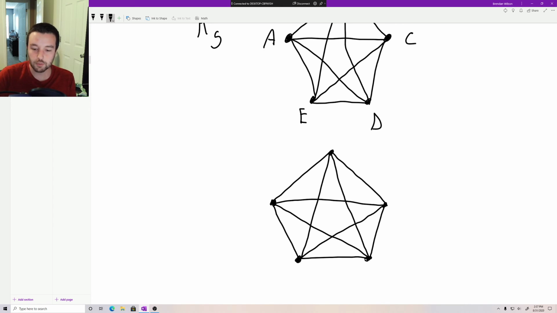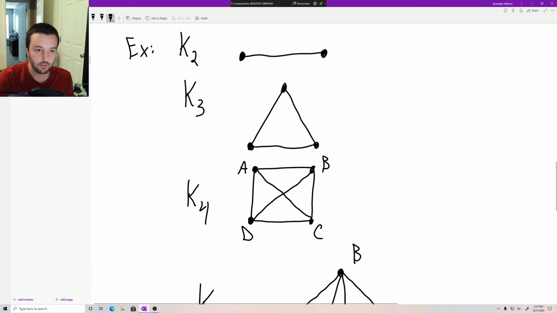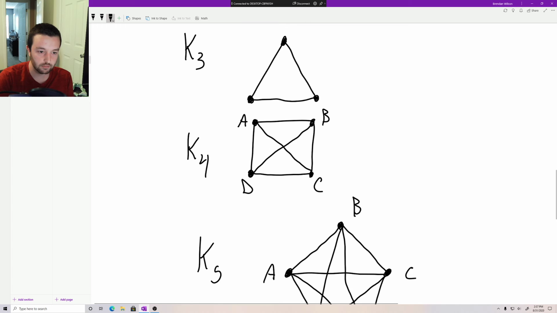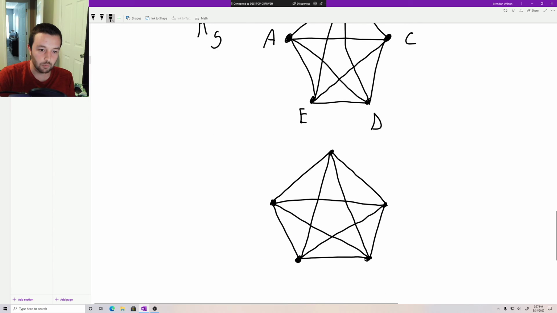So notice as we go down the line, we're getting more and more edges. Here we have 1, here we have 3, here we have, was it, 1, 2, 3, 4, 5, 6. Here we have 1, 2, 3, 4, 5, 6, 7, 8, 9, 10. Is that right?